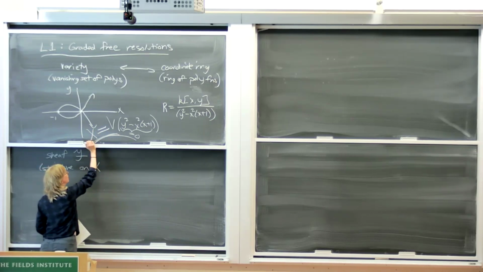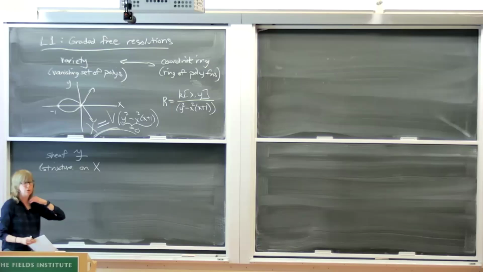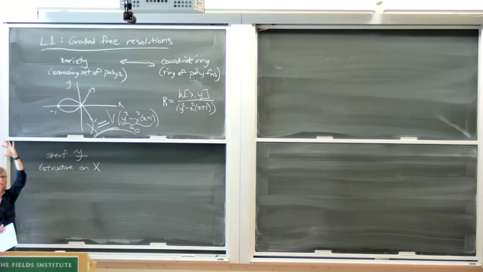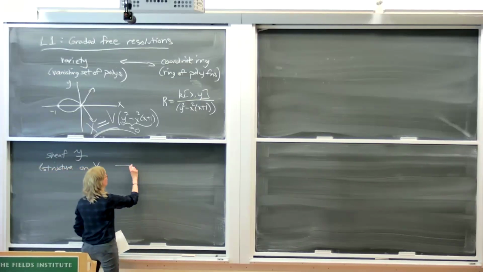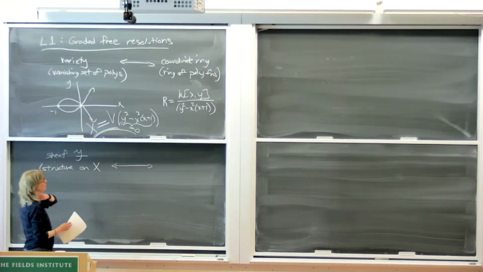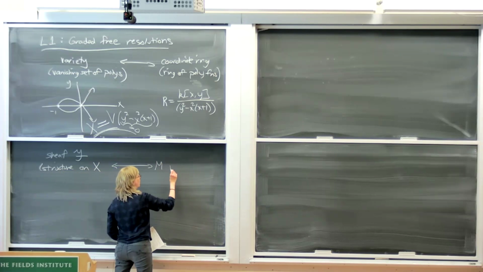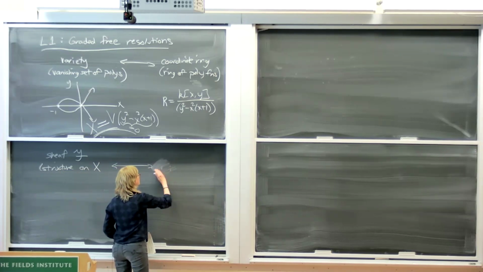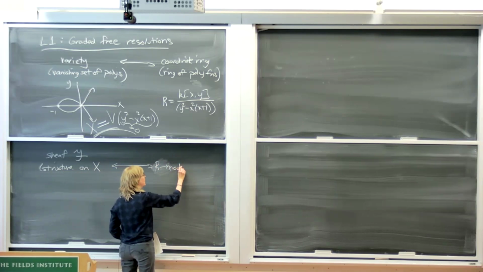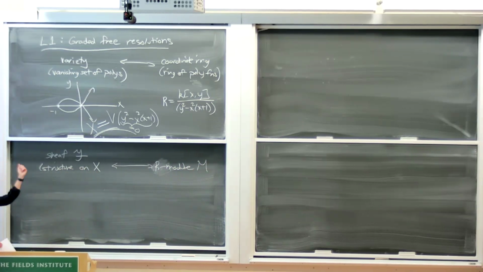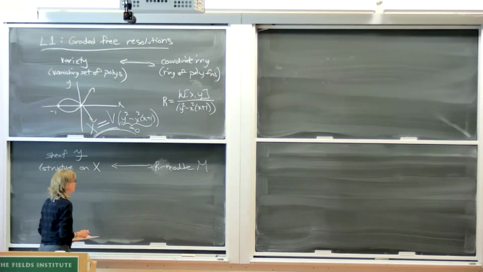So it's a structure on X, such that on every open set inside there, you attach a module, but the modules are all related to each other. Very often, in this case for example, it's given by a single R-module M over the ring of functions, which gives you a sheaf, and most sheaves come from that in a sense that can be made precise.